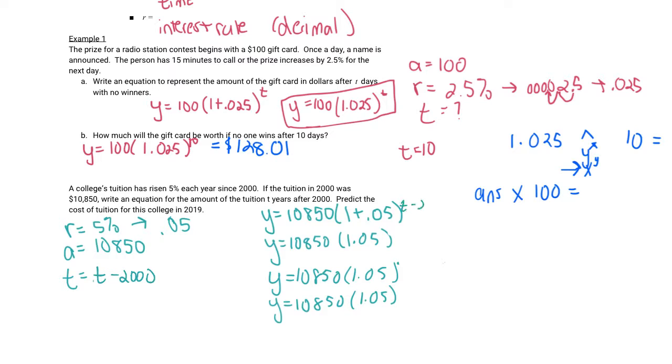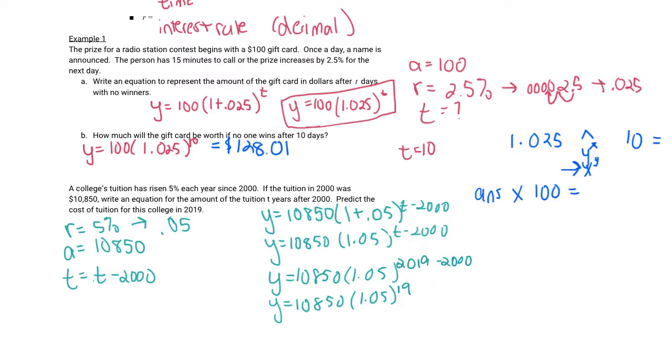Holy cow, I'm fired. T minus 2000 here and here. And then here it's t minus, I've got the quarantine brain. 2019 minus 2000. Oh, there we go. Now our exponent's 19. Good Lord. That was a long, drawn-out process.